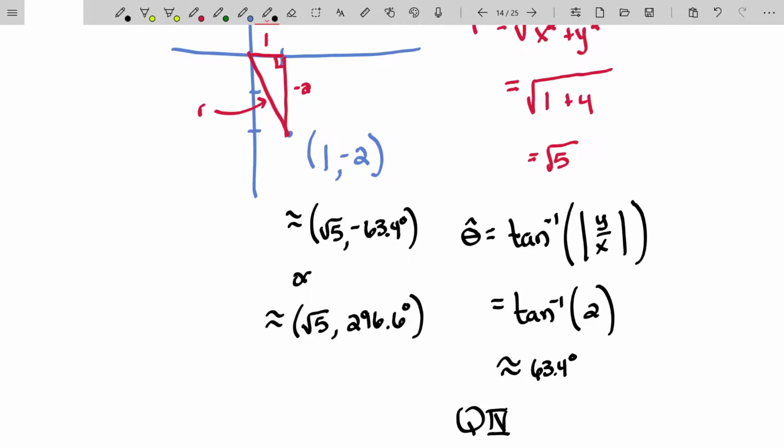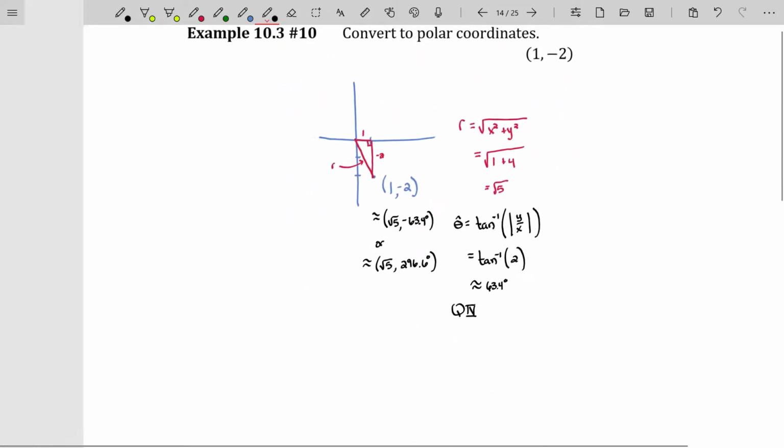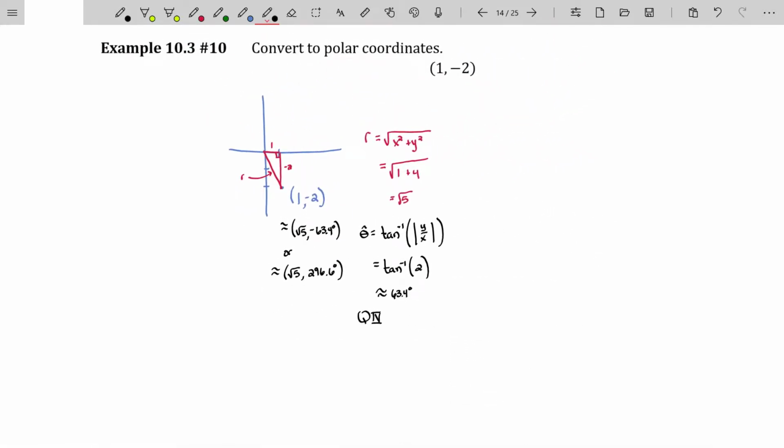Just depends on how the question was asked. In fact, there are an infinite number of representations, so either of these are fine. But that's how you do it. Very, very nice. Notice it's just about reference angles and quadrants for finding that theta hat. And you always use tangent inverse or inverse trig functions on the absolute value of the ratio.